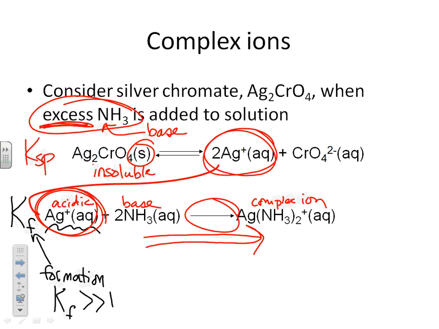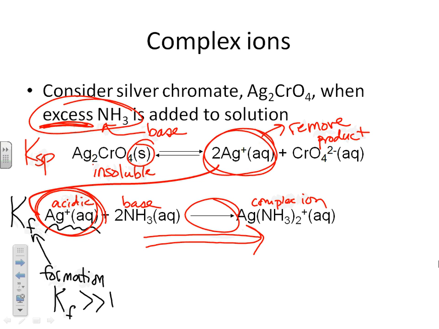What that does is effectively remove a product. You are taking your silver ion out of the first reaction and shoving it to be a reactant in a second reaction that loves to go to the right. That second reaction doesn't go backwards, really. It just goes to the right and goes to the right and goes to the right. So you're using it up.